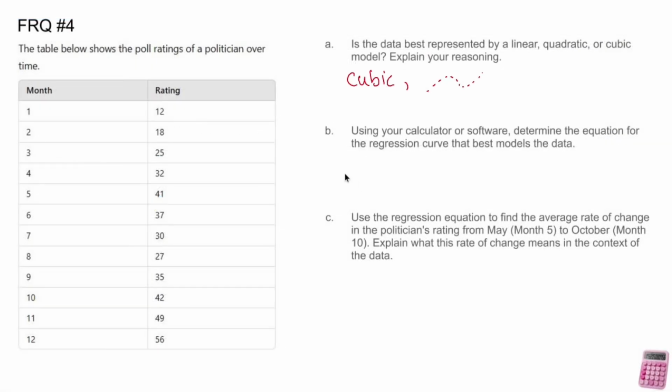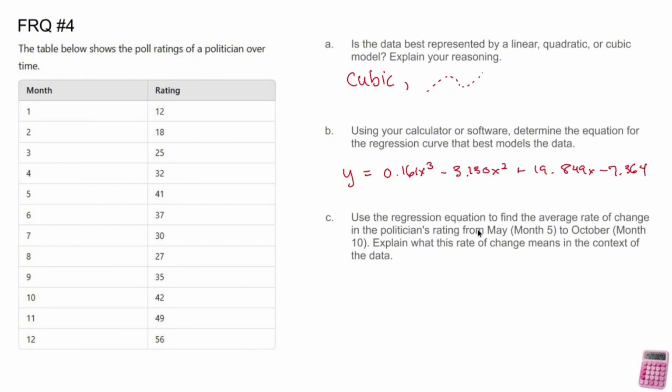So we ended up with y equals 0.161 x cubed minus 3.130 x squared plus 19.849x minus 7.364.